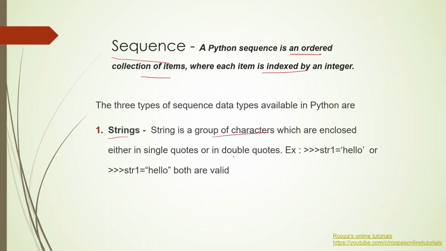Char is represented with single quotes, and string is represented in double quotes. But in Python, you can represent the string either in single quotes or in double quotes. Both are valid, both are correct ways of representing a string. It is not going to show us any error when we do this. That's the flexibility of Python.